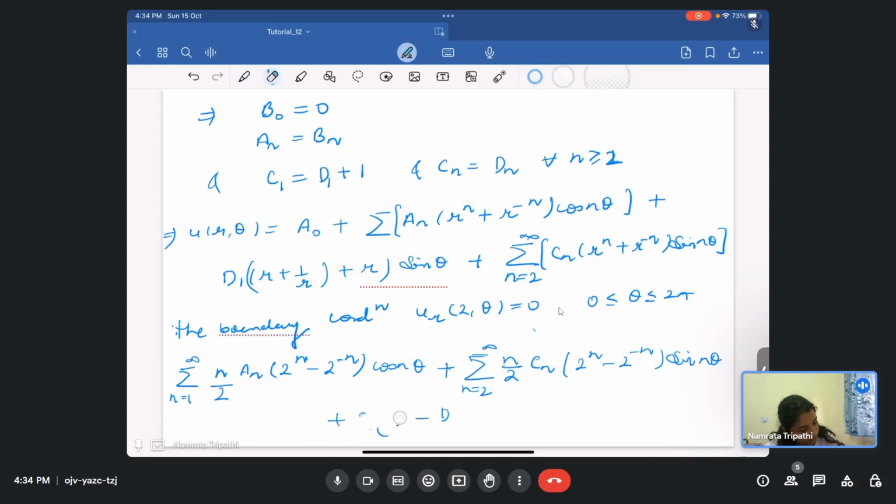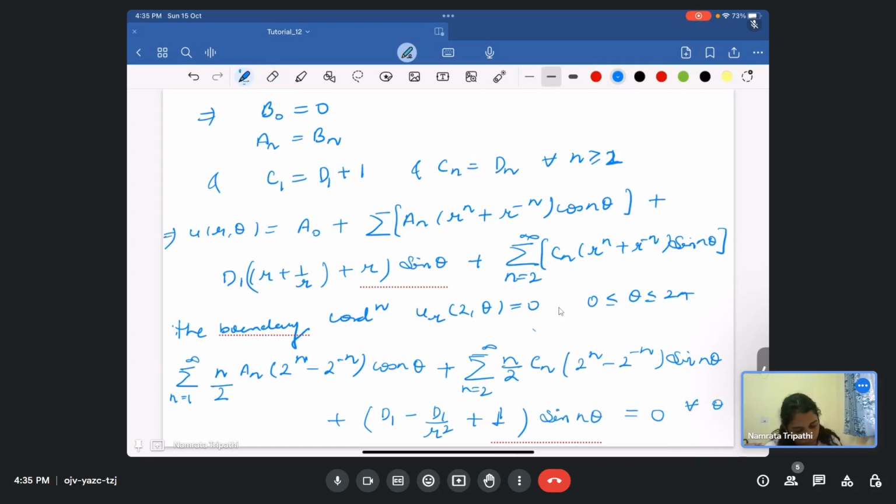Okay, take d1 inside, d1 minus d1 upon r square and plus 1 into sin theta, for all theta from 0 to 2 pi.